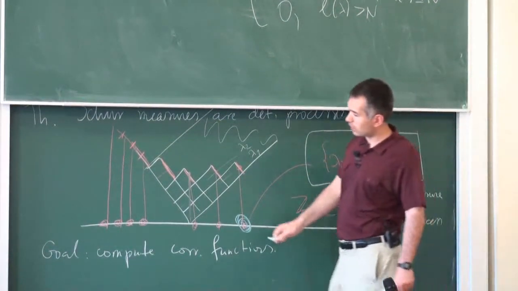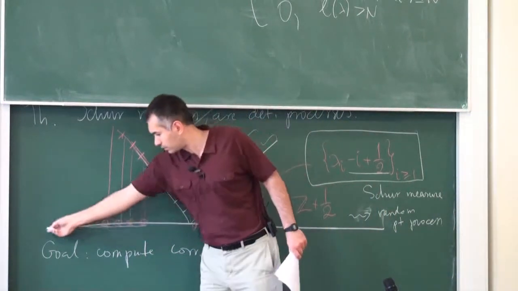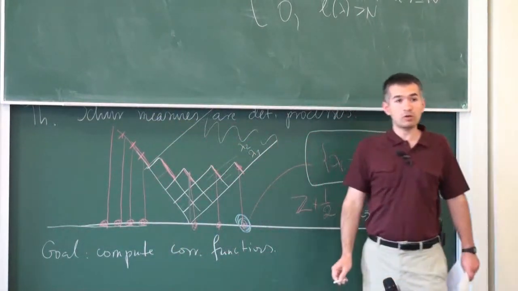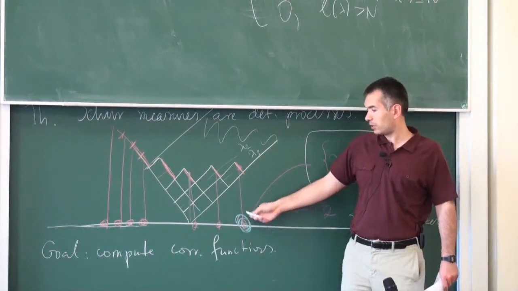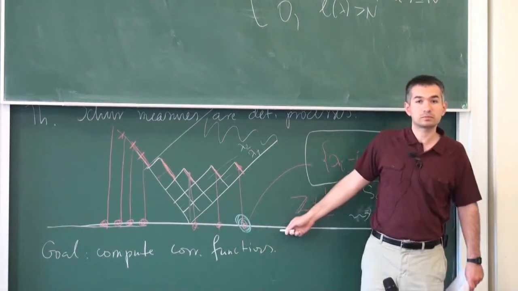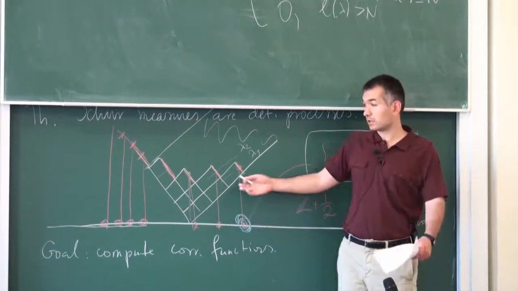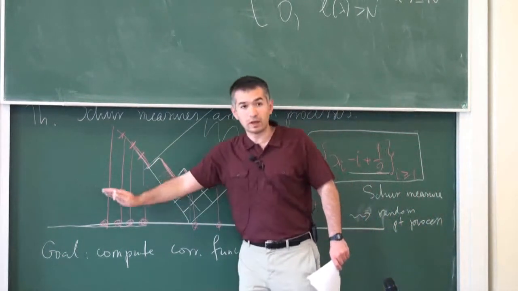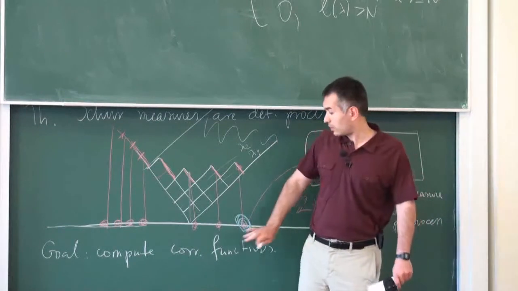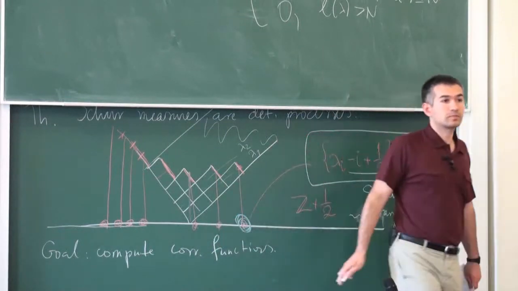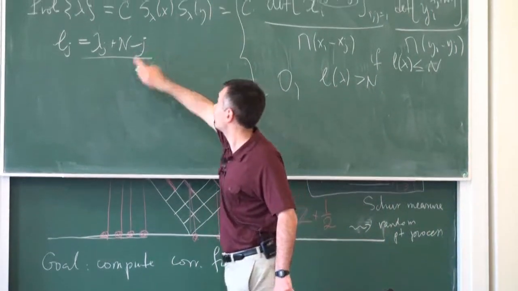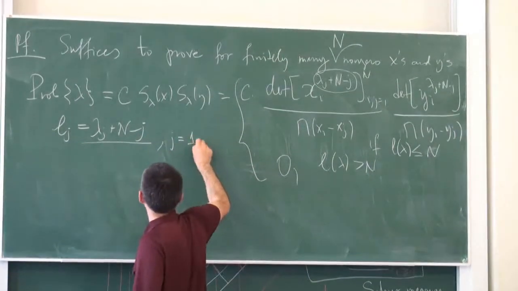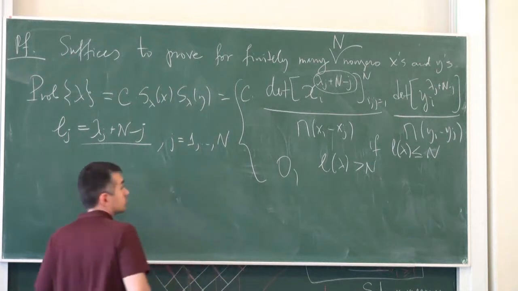In other words, I will have this trivial part of the lattice all filled with particles, and then I will have capital N particles that will jump around. When n gets large, this trivial tail gets smaller, but I will only need to track these n particles.